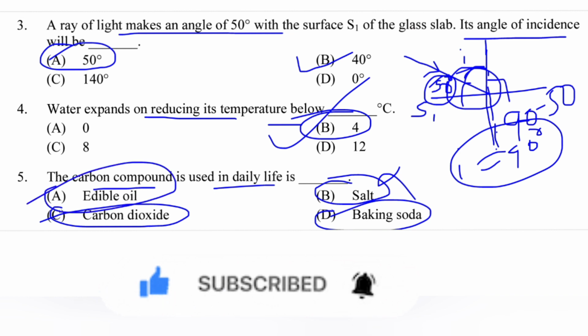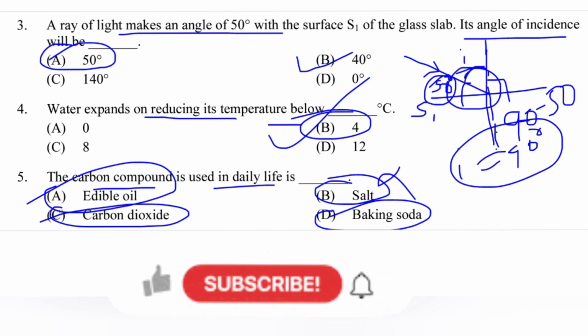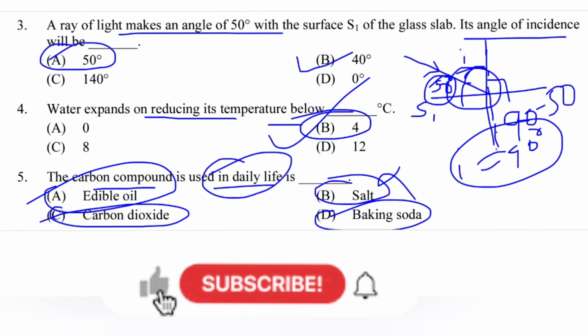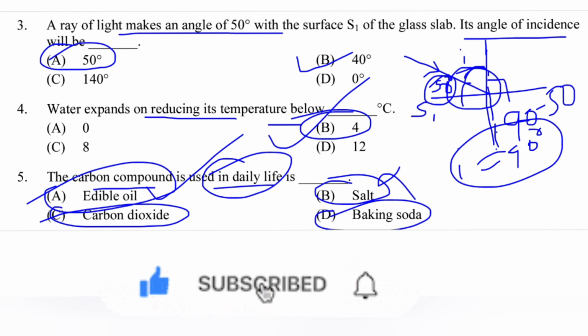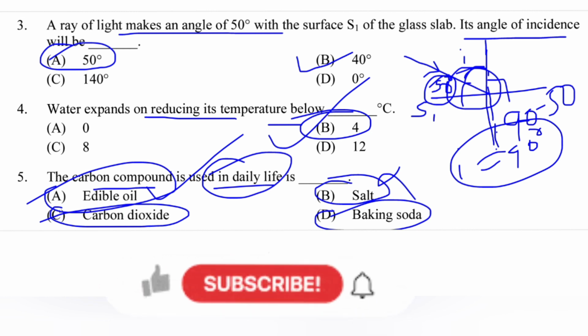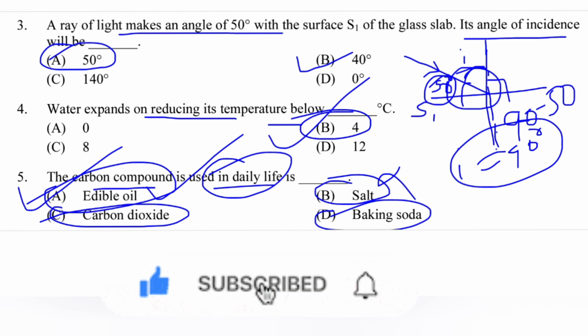But out of these three carbon compounds A, C, and D, which is used in daily life? Edible oil. Why? Because we know that edible oil is an unsaturated hydrocarbon chain, and every day we eat lots of food stuff, and in our diet we usually use edible oil. So edible oil is always used in our daily life, so our answer should be A.